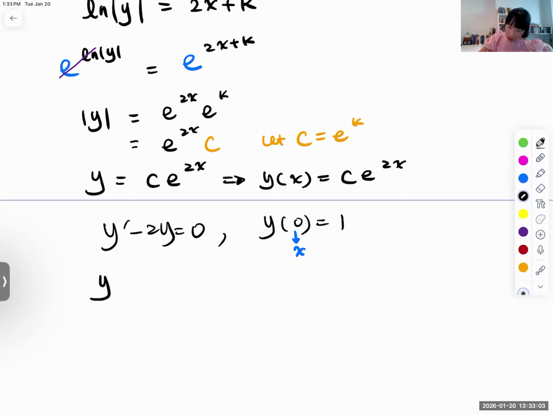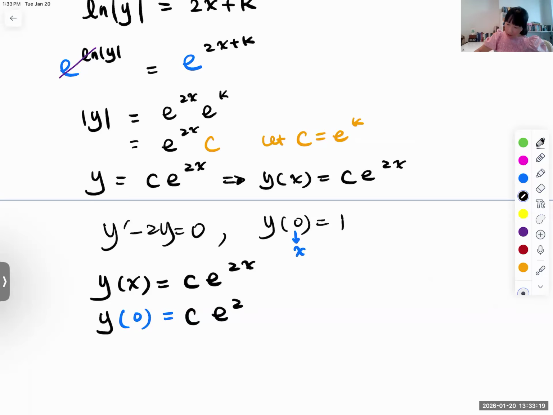So we have y of x equal to c e to the 2x, y of 1, I'm sorry, 0, and then c e to the 2, 0, right? Equal to 1.